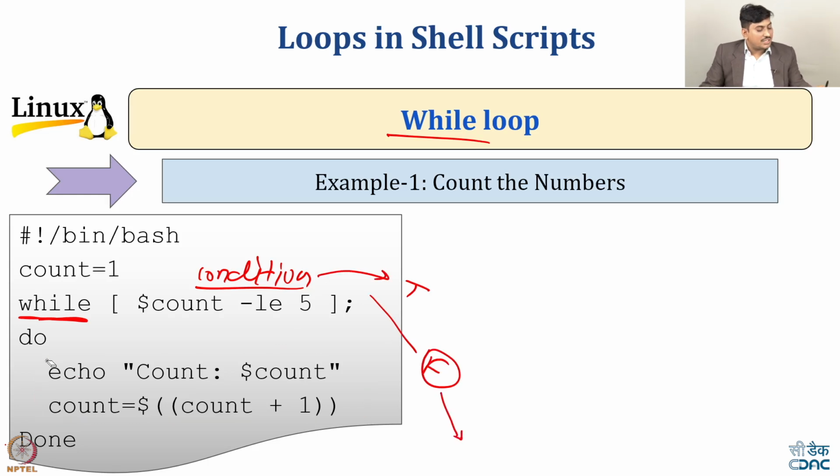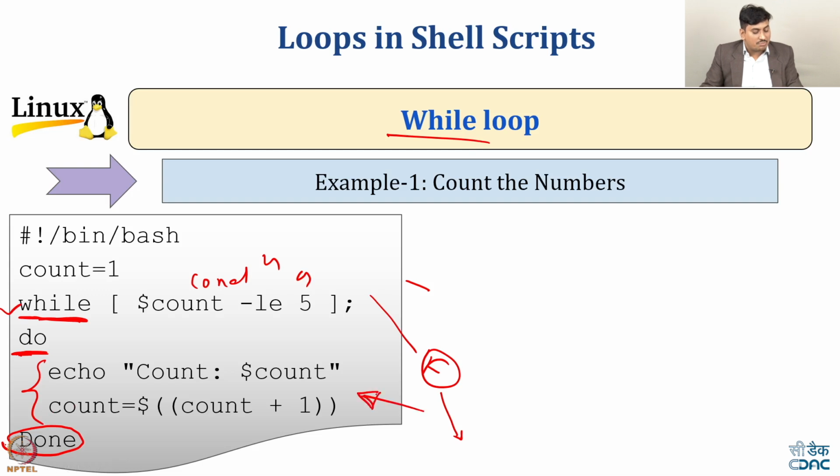Here you can see there is a keyword, then a condition, then another keyword do, and another keyword done, and whatever is present between do and done is the statements of code which will keep on iterating till the condition is true in case of while.